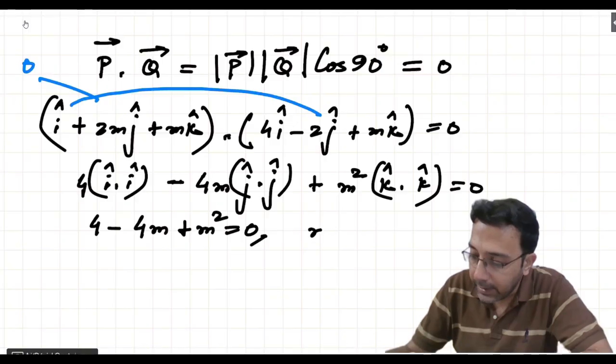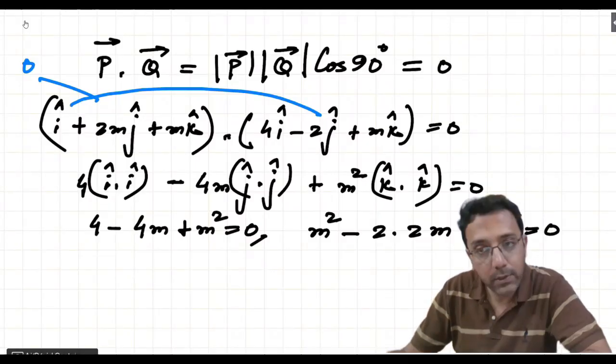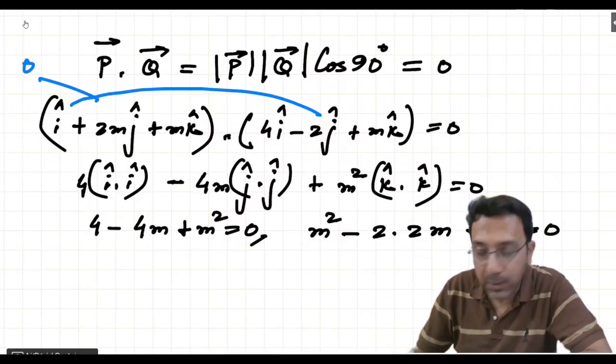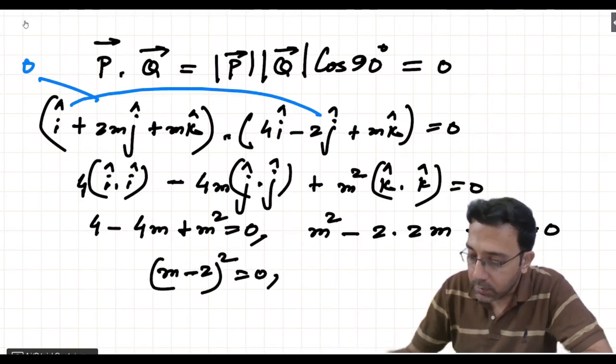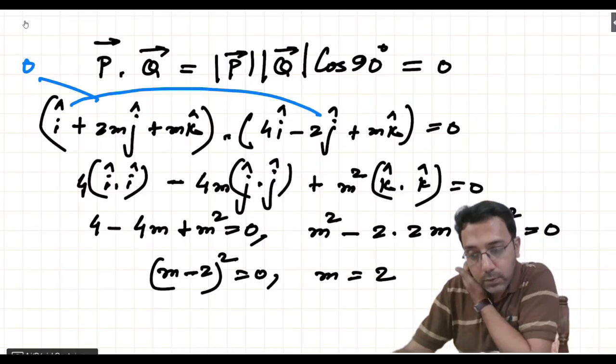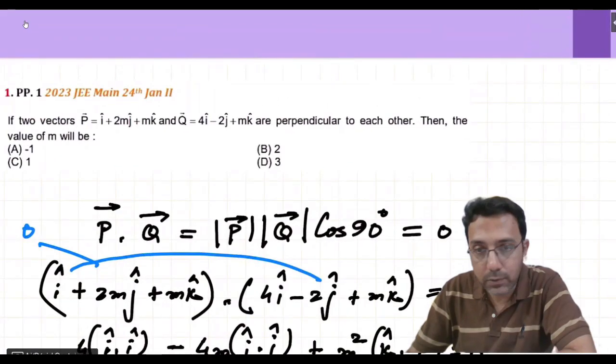I'm writing m square minus 2 into 2m plus 2 square is equal to 0. That is a minus b whole square, so m minus 2 whole square is equal to 0. So m comes out to be 2. The answer will be B. That is how you solve it.